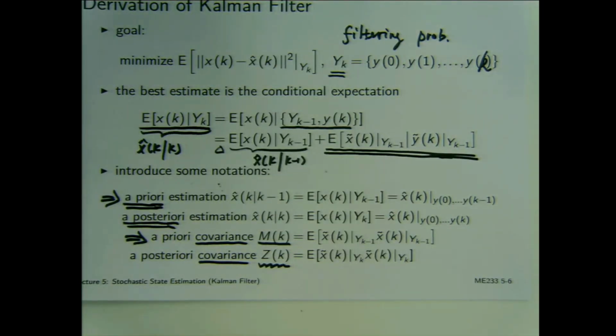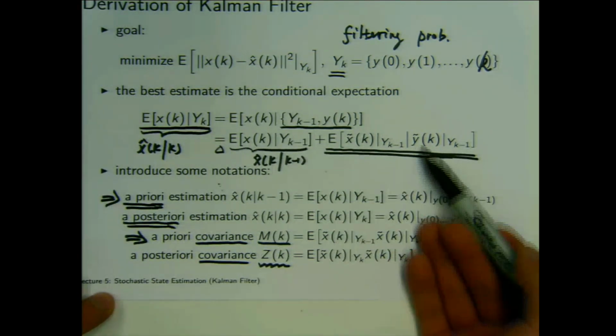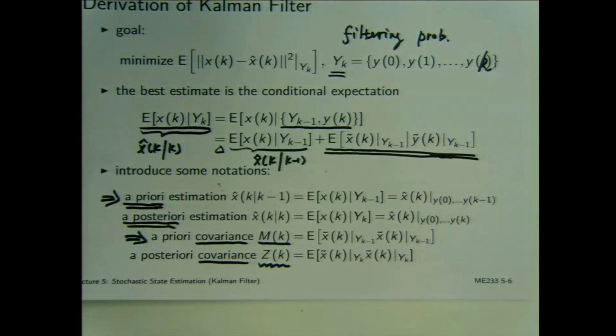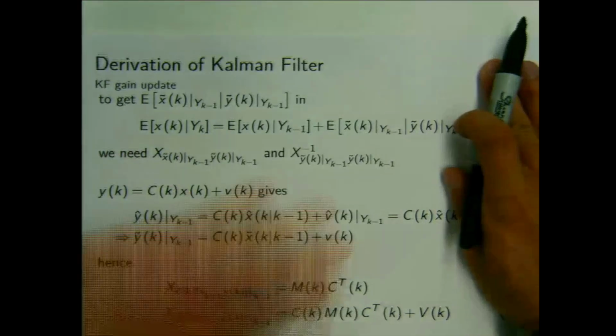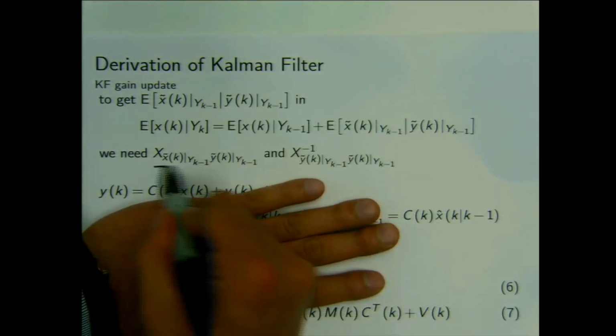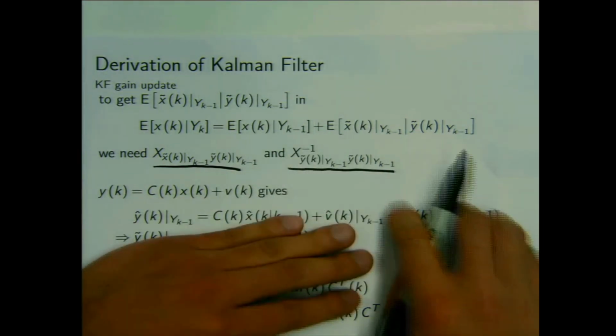Can someone tell me what information I need to do this conditional expectation? The cross covariance between x tilde and y tilde, and then the covariance of y tilde. All right, this is using least squares property 3, equation number 1 over there. We have just talked about needing the cross covariance and the covariance matrices.